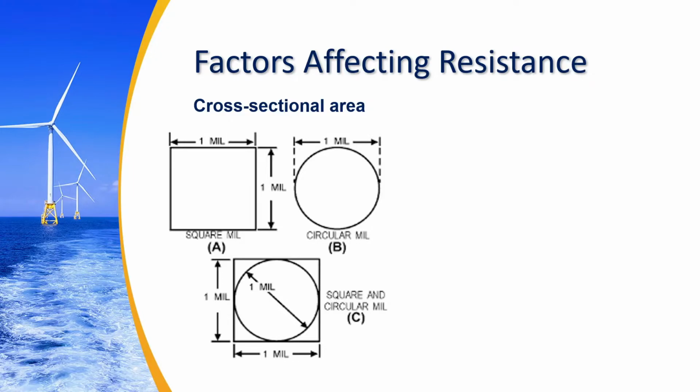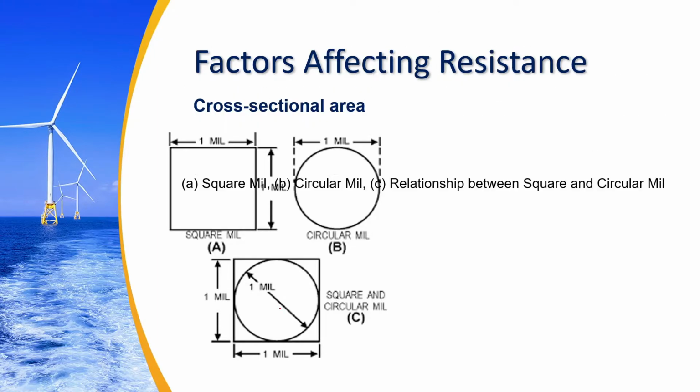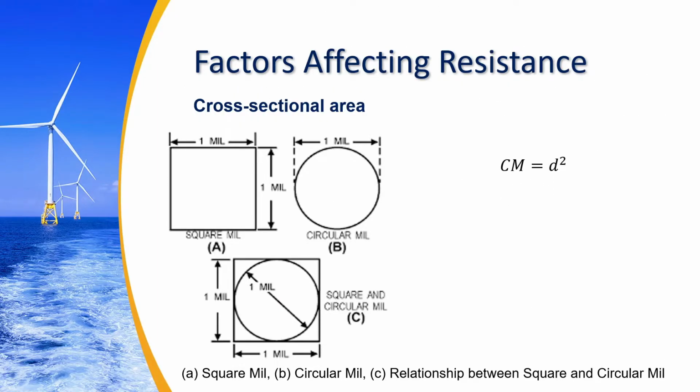Okay? So, ngayon, pwede natin ma-relate yung 1 mil ng square at 1 mil ng circle. So, these are the relationships. Meron muna tayong circular mill na equal sa d squared, where d is yung diameter ng conductor in mils.